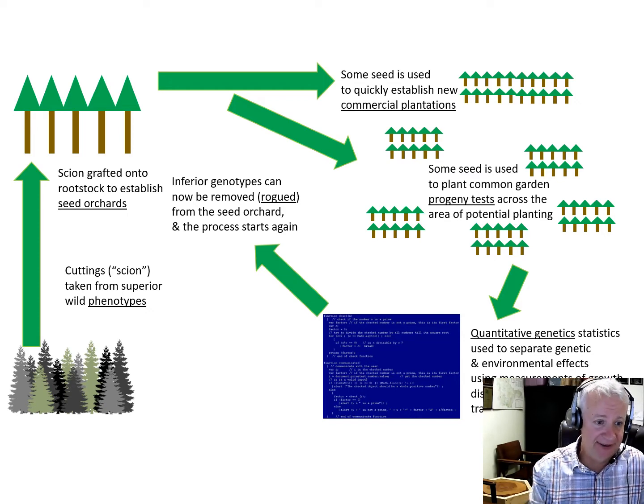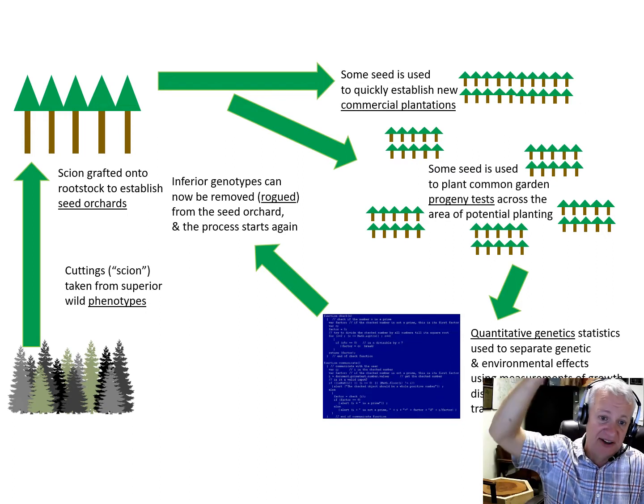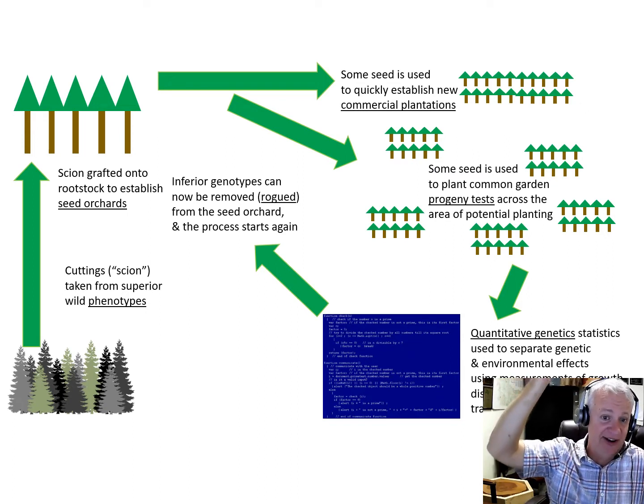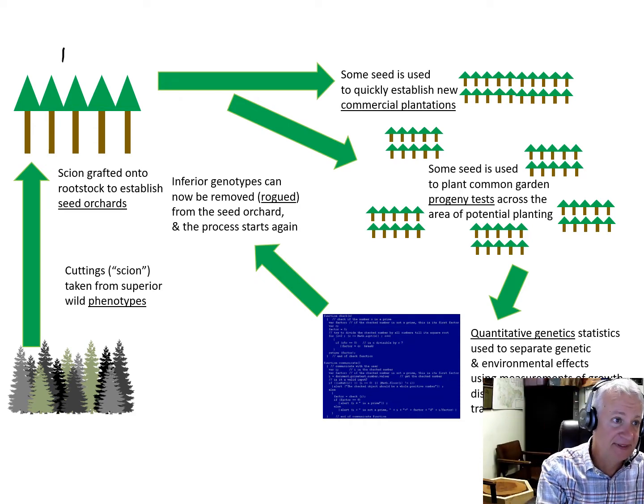If you think about how long each step takes, okay, here where we graft scion into the seed orchard, those grafted cuttings don't produce seed until that cutting becomes mature. So it might take 10 or 12 years to produce seed. So maybe this step is 10 to 12 years to produce seed.